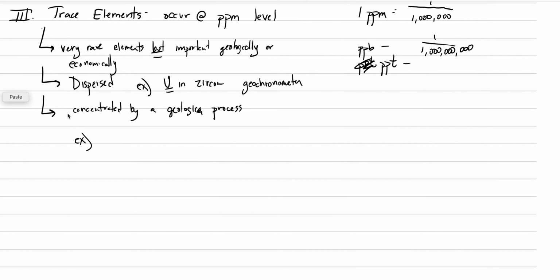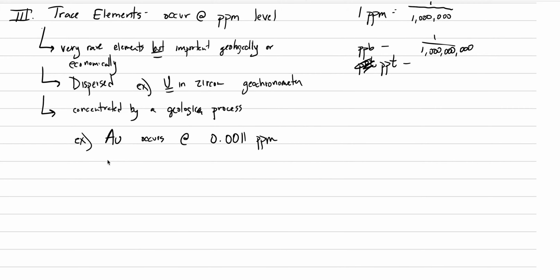But for our example, let's talk about gold. In the Earth's crust, if you average all the gold in all the Earth's crust, it actually occurs at 0.0011 ppm, an incredibly low amount. But we prospect for it and mine it when it has been concentrated by some unusual process, volcanic activity or hydrothermal activity in particular.